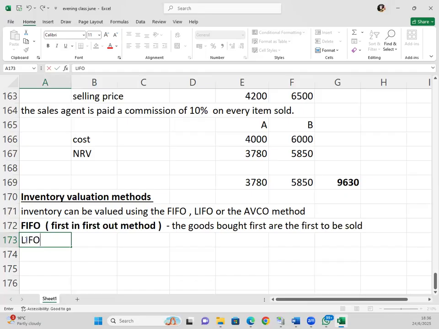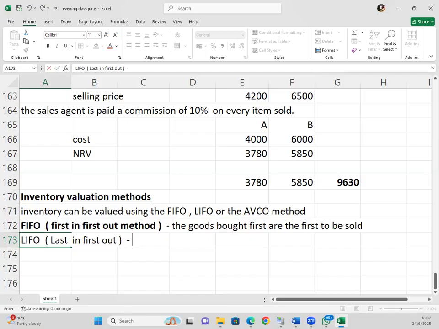The LIFO method is also there, but we are not going to deal with it because it's not practical. It tends to have issues, so it's not recommended. LIFO is last in, first out. This assumes that the goods that came in last are the first to be sold.